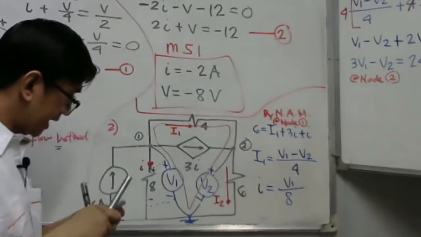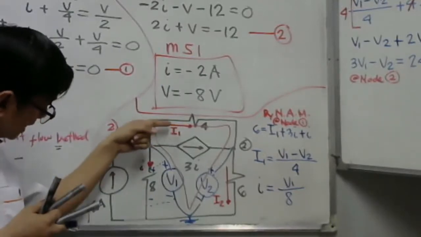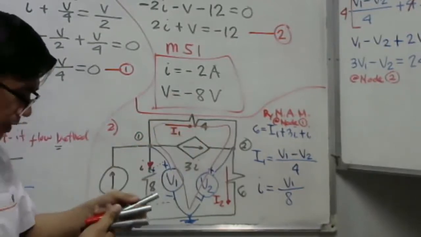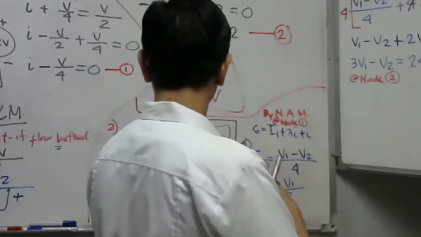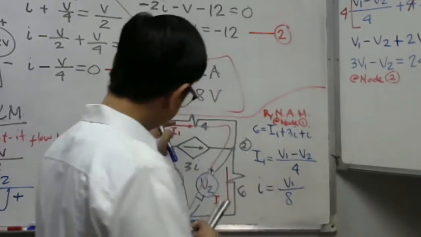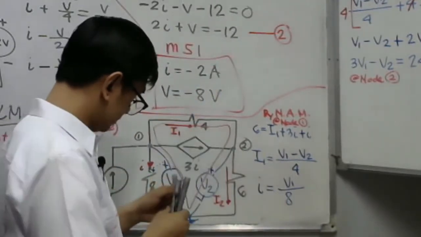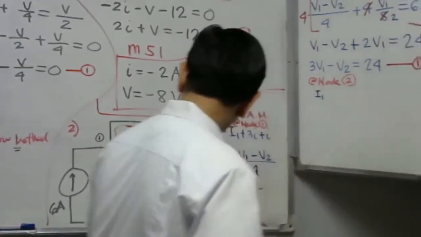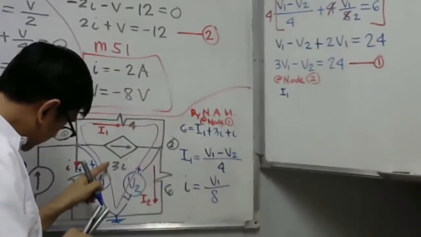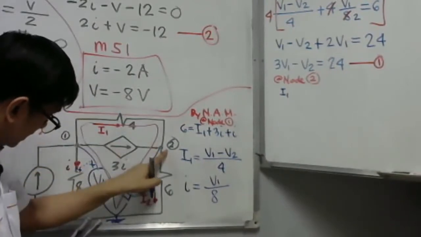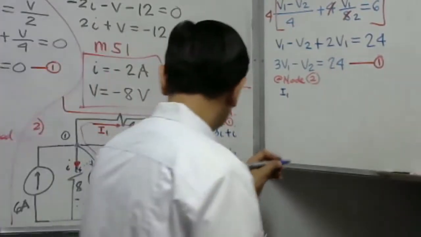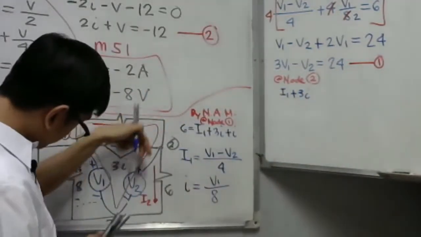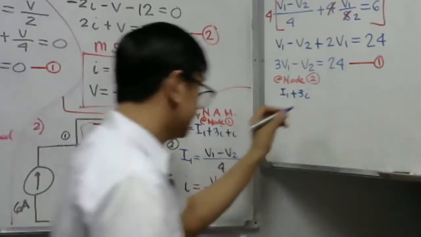Again, by Kirchhoff Current Law, the current entering here is our I sub 1, current entering. We have here 3I, another current entering at this node, plus 3I. Current entering is equal to the current leaving, which is our I sub 2.